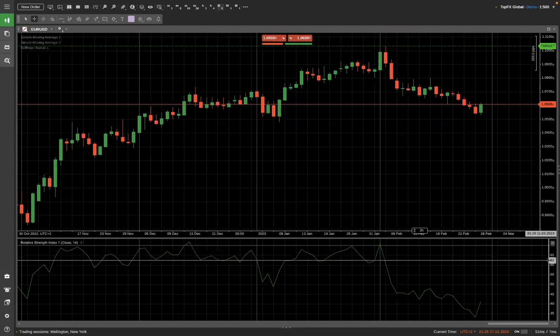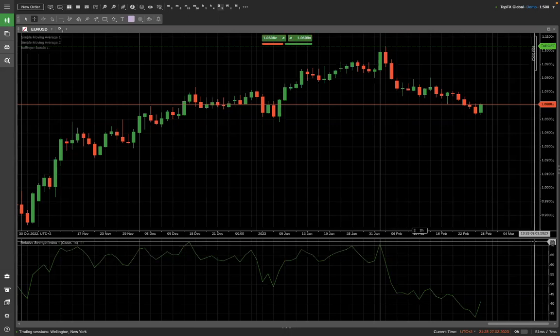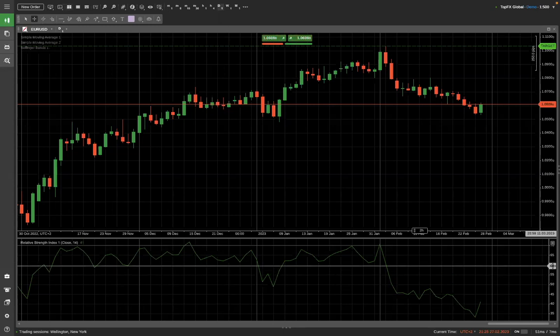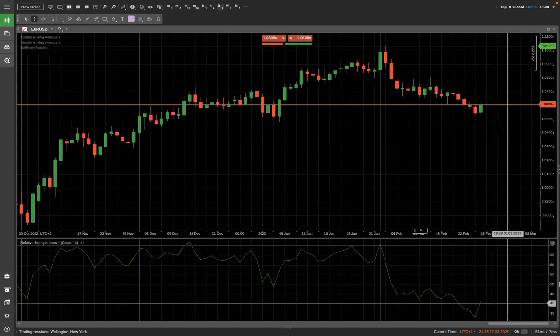Sometimes several traders use the levels of 80 and 20. Those conditions can happen in the forex markets and the other markets. Nevertheless, the default values are 70 and 30.